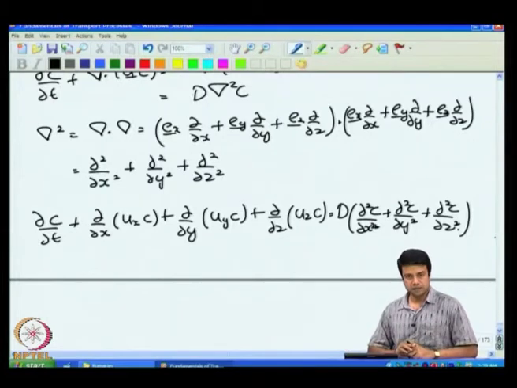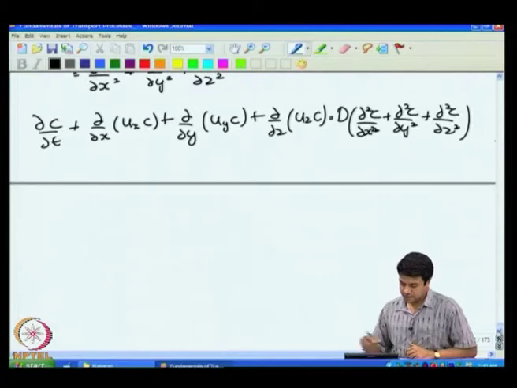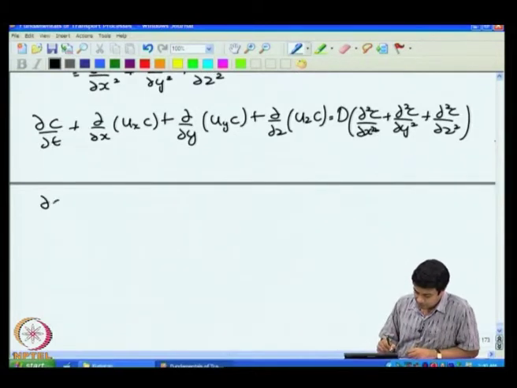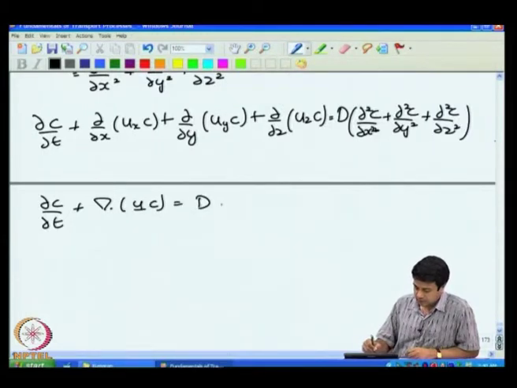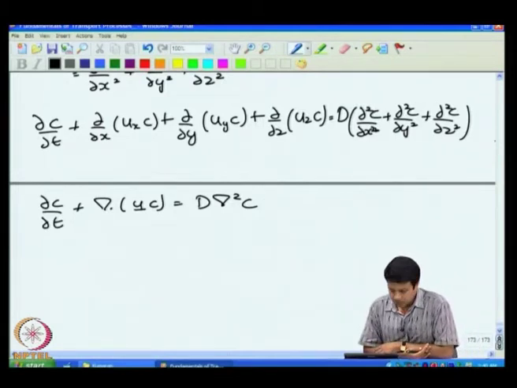That is in a Cartesian coordinate system. Alternatively, I can also express this as dc by dt plus divergence of uc is equal to D del square c. So, this is the general mass conservation equation for a 3-dimensional Cartesian coordinate system.